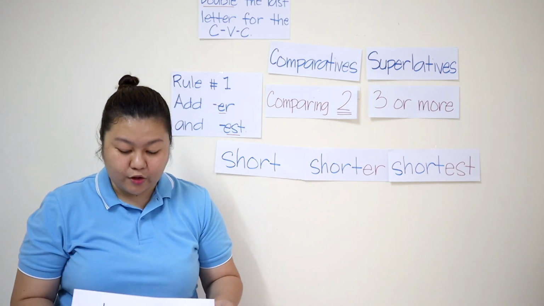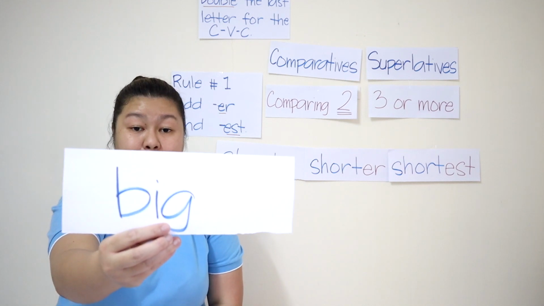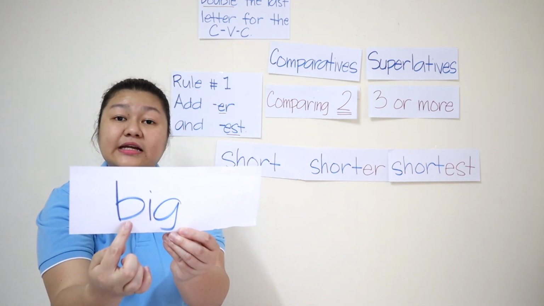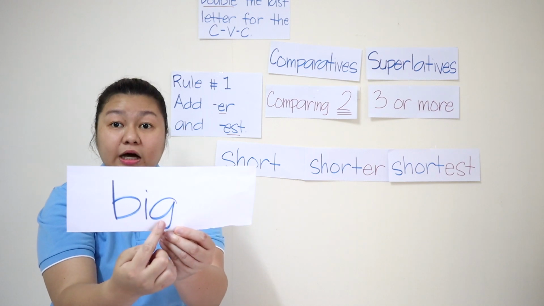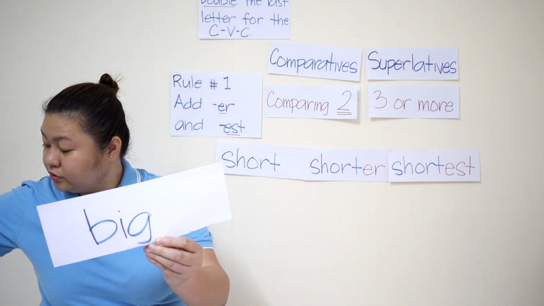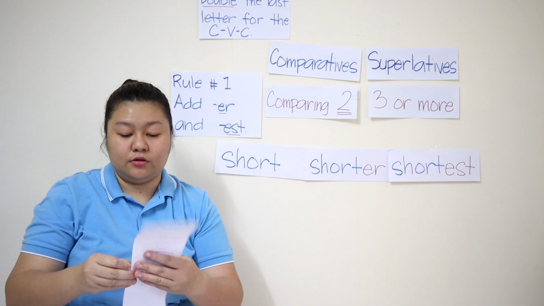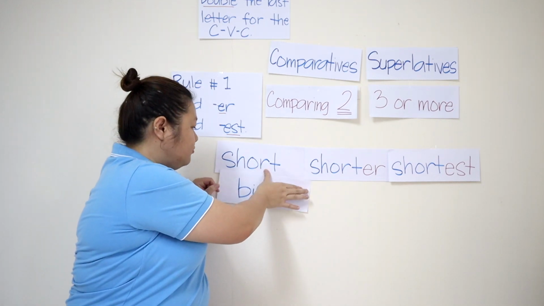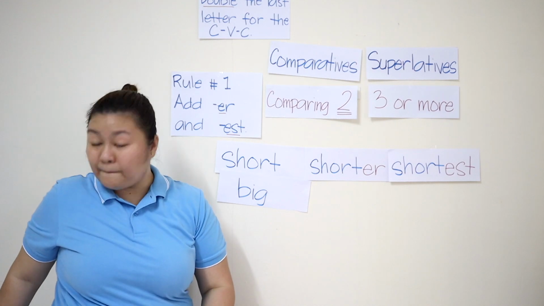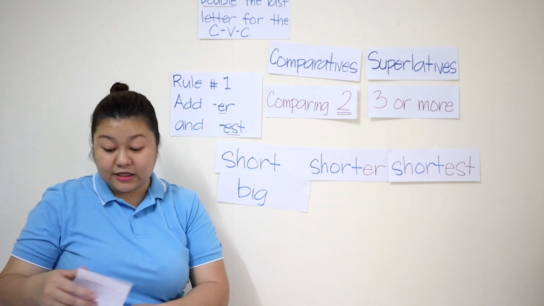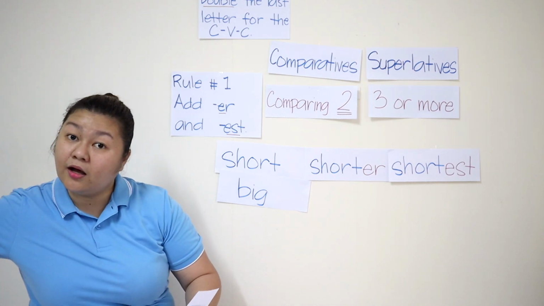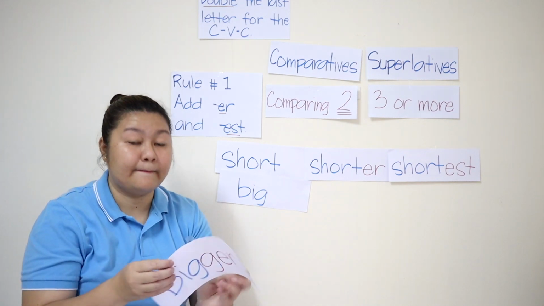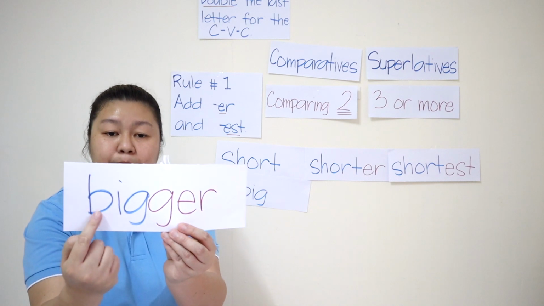For example, for the word big, CVC, we have the consonant, vowel, consonant. So for the word big, in the comparative form, it becomes bigger. See? Big.